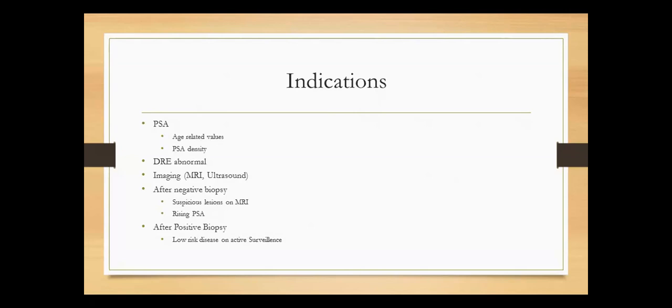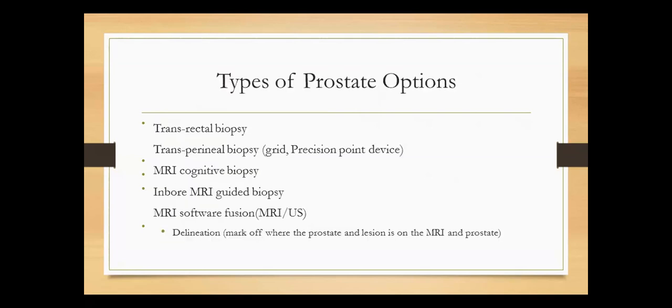After a patient has had a negative biopsy, we can do another biopsy if the PSA keeps on increasing despite the negative biopsy before. Also after a positive biopsy, we can rebiopsy the patient as part of the active surveillance for low risk prostate cancer.